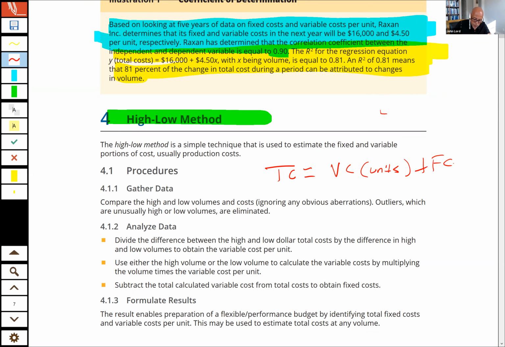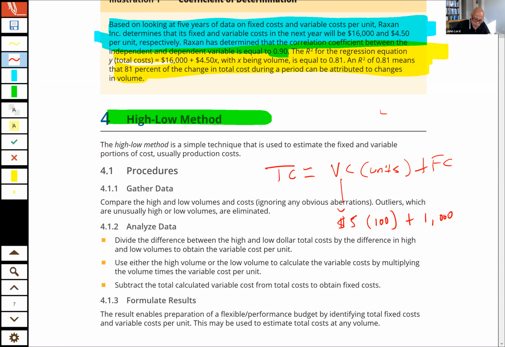Let's say our variable cost is $5. We say that our units are 100 to make the math easy. And we say our fixed costs are 1,000.